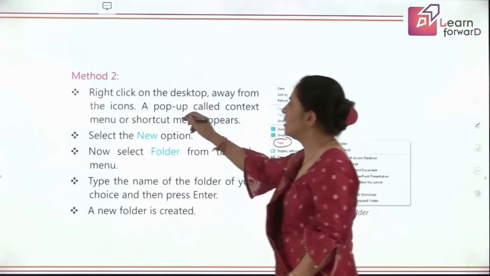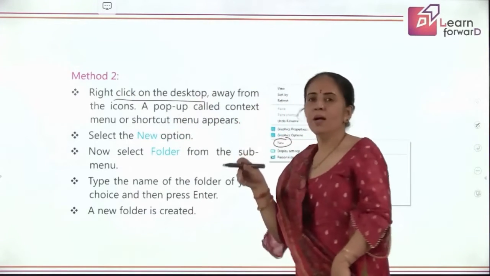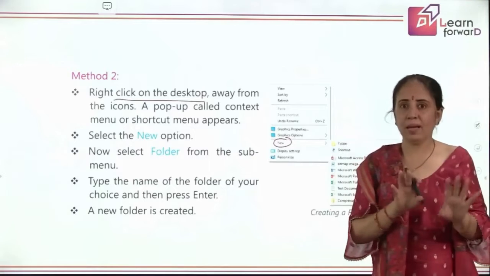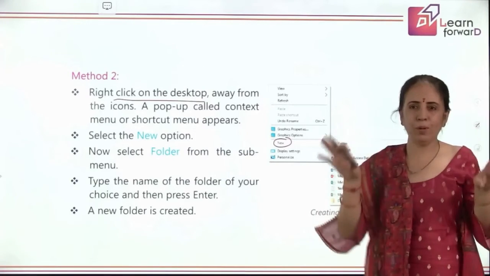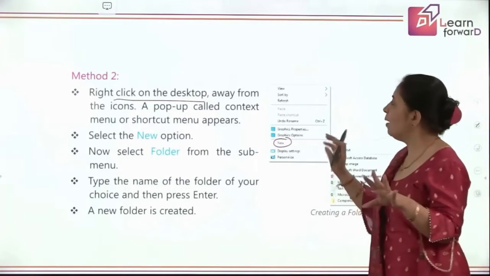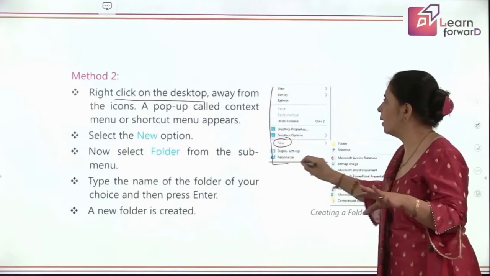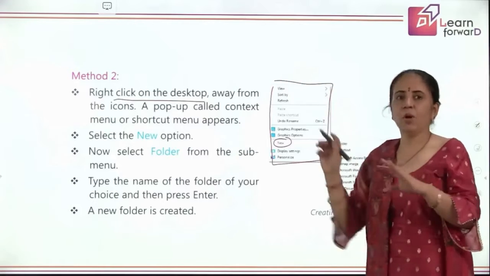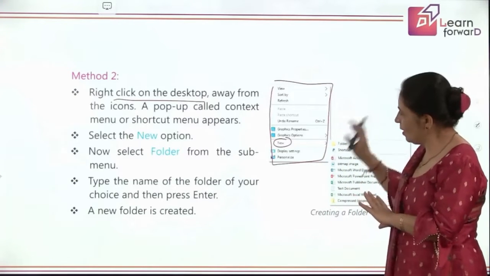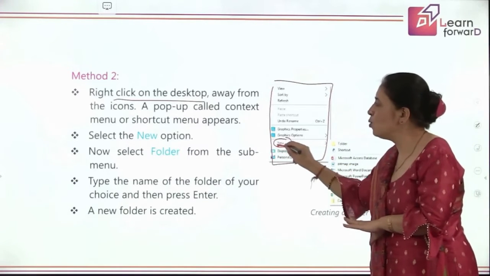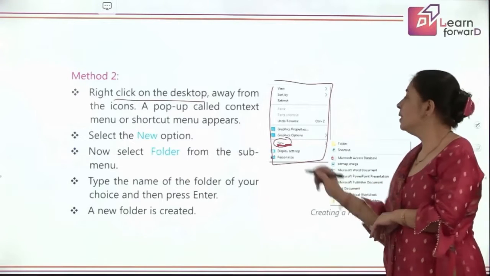Just right click on the desktop anywhere, but it should not be on any of the icons, on the plain space of your computer screen. When you right click, this particular shortcut menu comes. On this shortcut menu, you can see the New option. Just click on New.